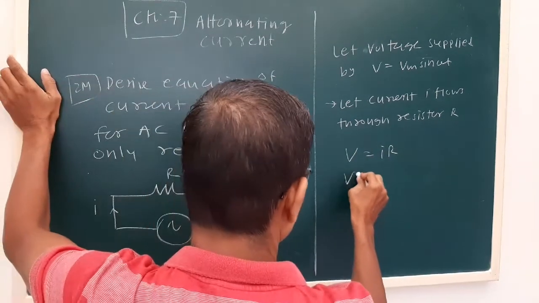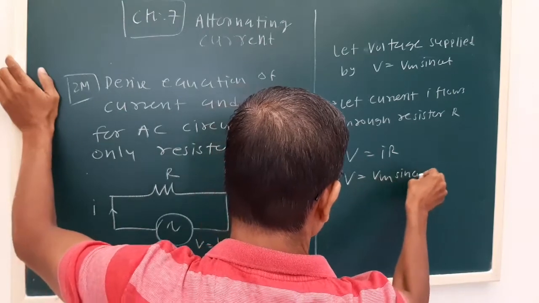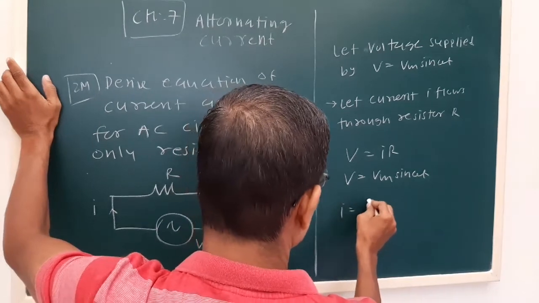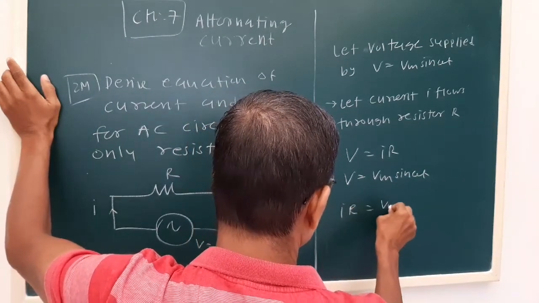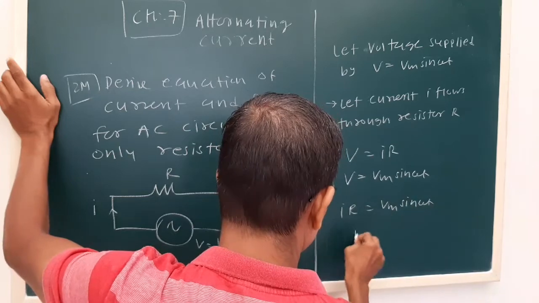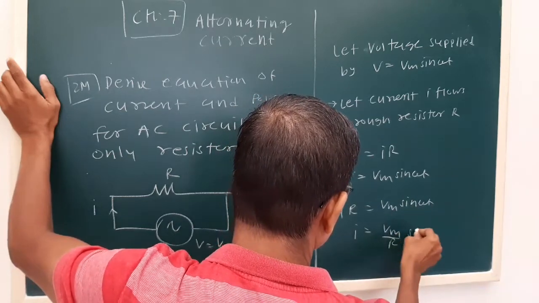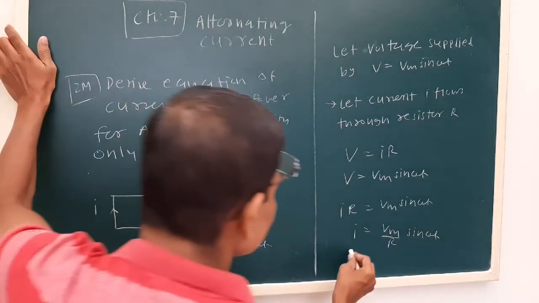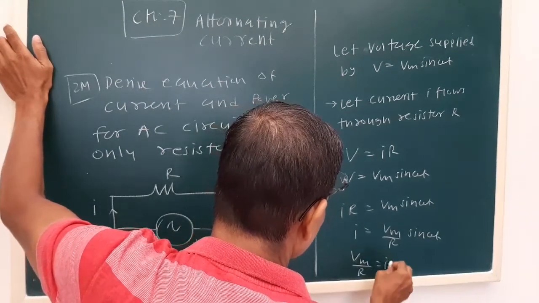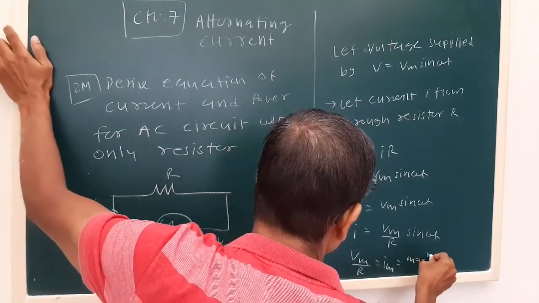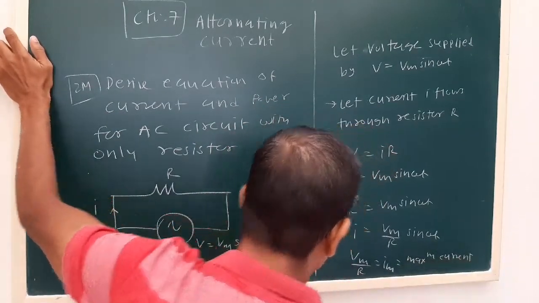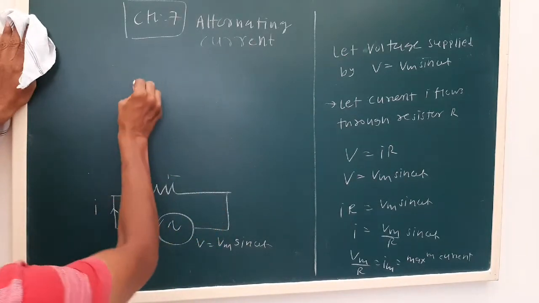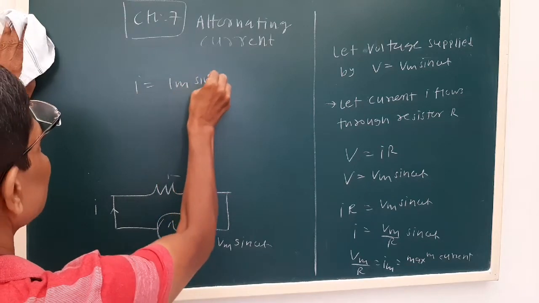Also V is equal to Vm sin omega t, that is the voltage supplied. If I compare, IR is Vm sin omega t, so I is equal to Vm by R. Now we define Vm by R as Im, that is the maximum current. So our current value is I equal to Im sin omega t.